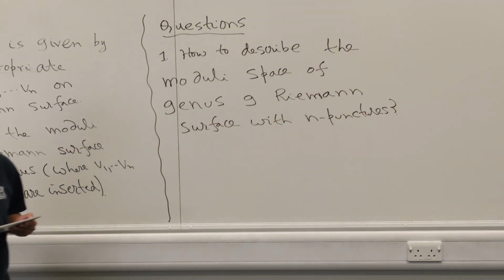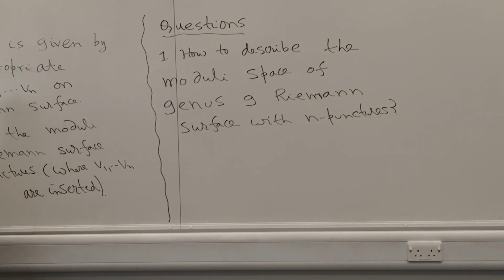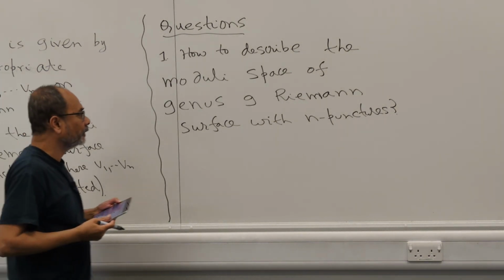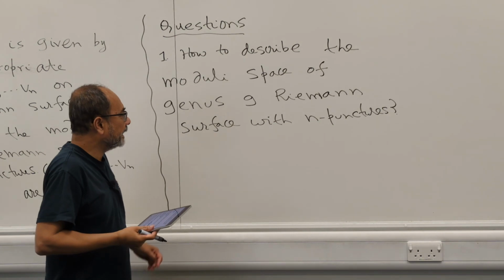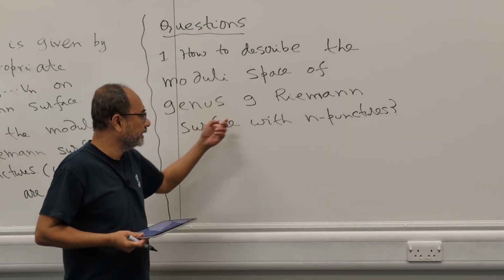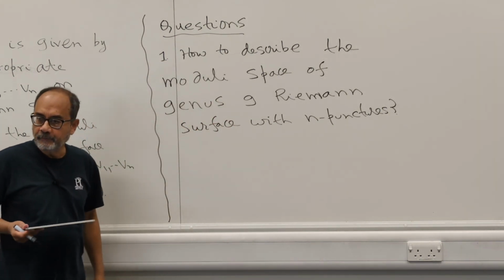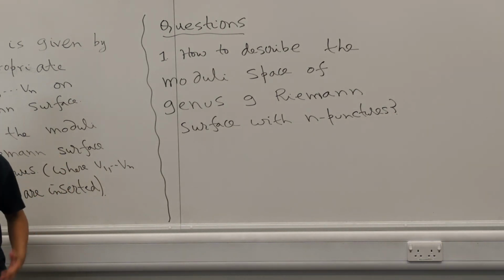The specific question is how to introduce an appropriate coordinate system, a set of numbers that parameterize points in the moduli space of genus g Riemann surfaces with n punctures, because ultimately you are going to integrate over those numbers.